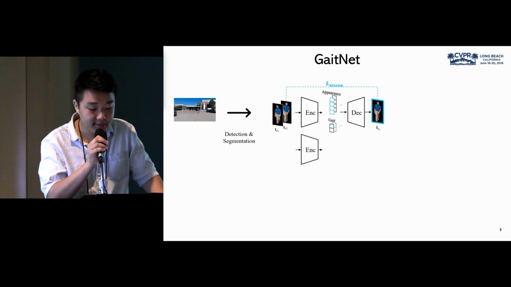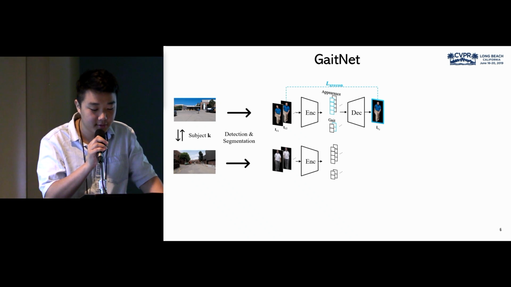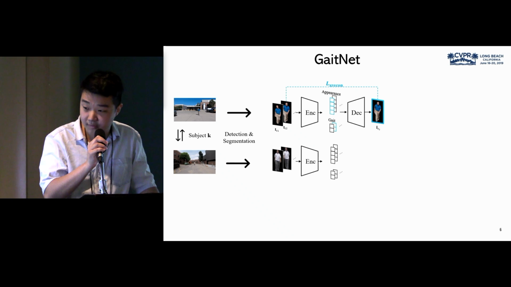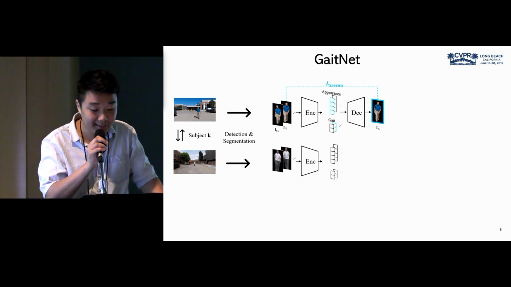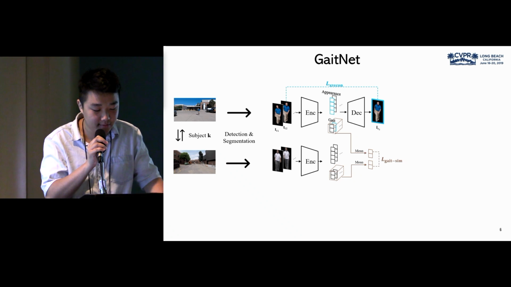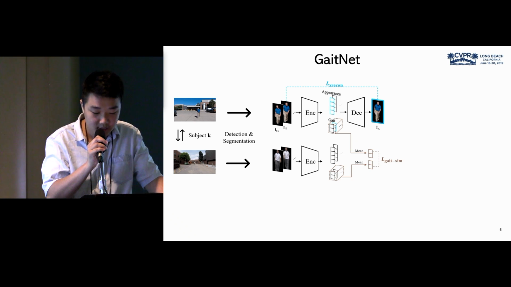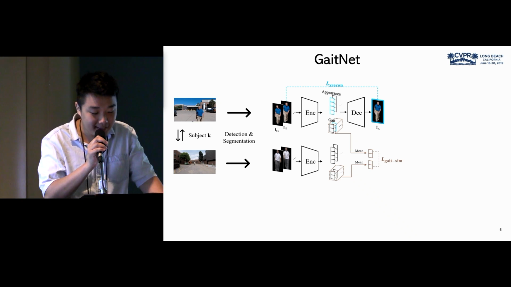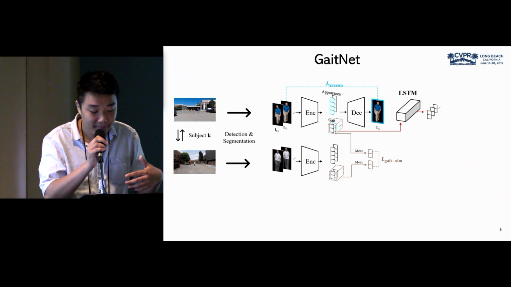And the same encoder processes another video of the same subject, but in a different variation. We define a gait similarity loss, which is a mean square loss on the average of 2 sets of gait features. This loss encourages the same subject to have the same gait information even in different variations. And then we send the gait features to an LSTM, and then output the corresponding hidden variables.